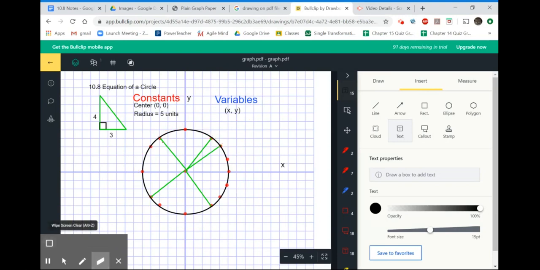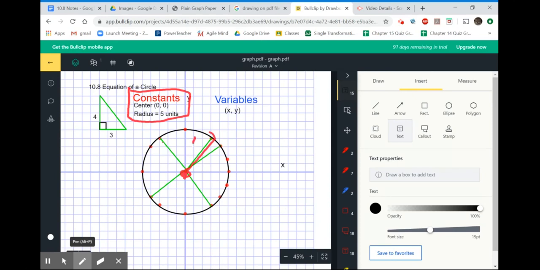So once again, when we look at this circle, we have constants of the center at (0, 0). It's going to be (0, 0) no matter what. And we have a radius of 5 no matter what. Those are the constants, okay? And our variable is (x, y) because that could be any point on the circle.